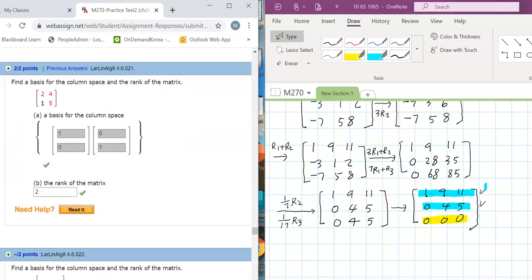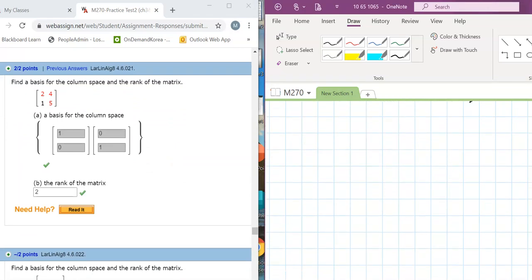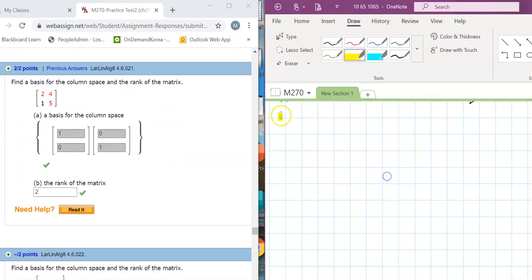Now this one, 75, the column space. So I'm going to 2, 1. I'm going to do the same thing like your textbook, I'm going to do the transpose of this.